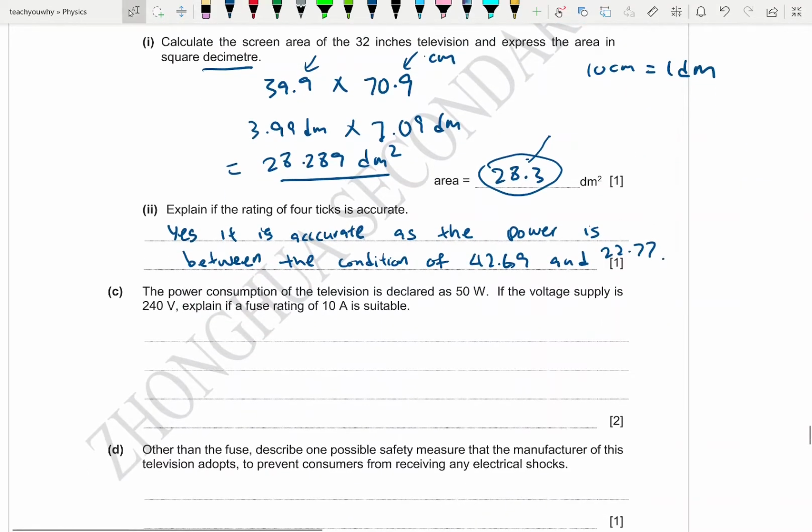Okay, the power consumption of a TV is declared as 50 watts if the voltage supply is 240 volts.